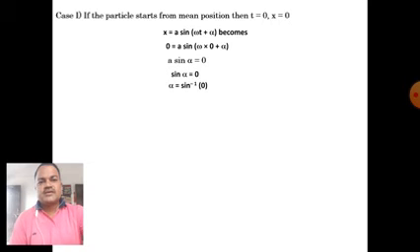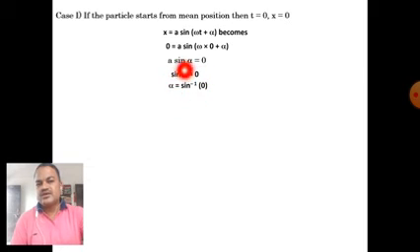Here alpha is an angle. Which value of the angle makes sine equal to 0? Sine 0 is equal to 0, sine 90 is equal to plus 1. Similarly, put the value of alpha is equal to 0, then sine 0 is equal to 0.